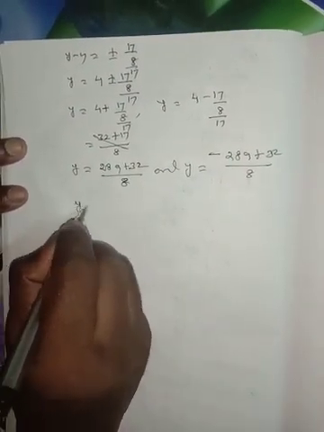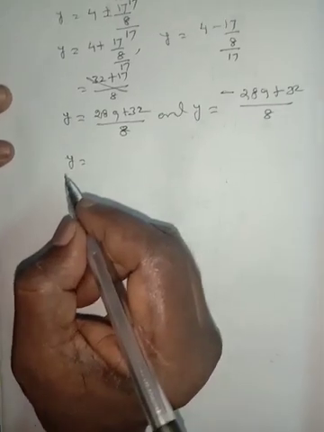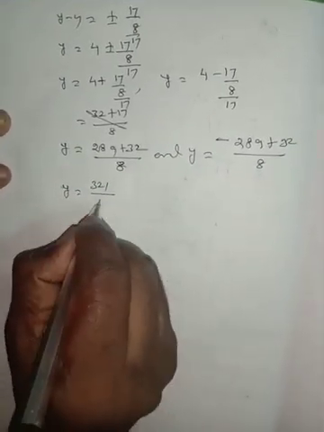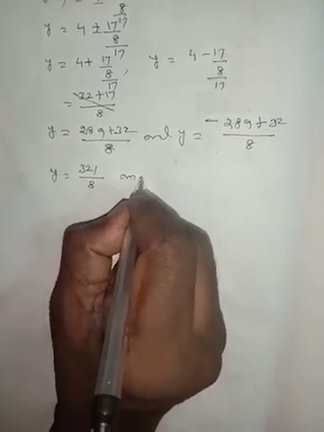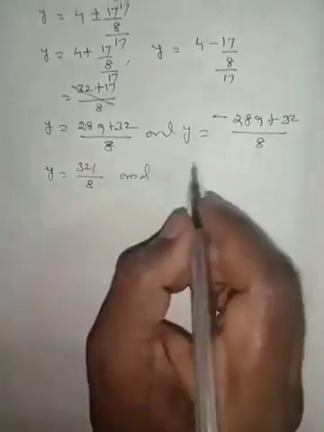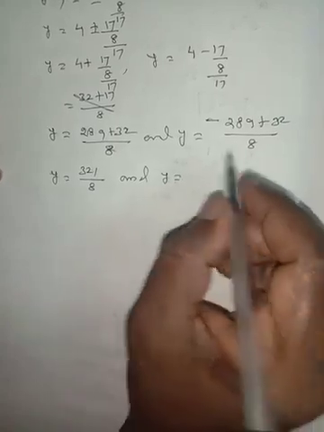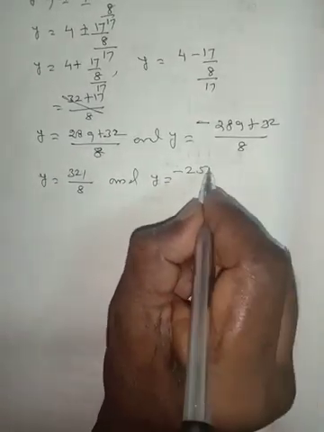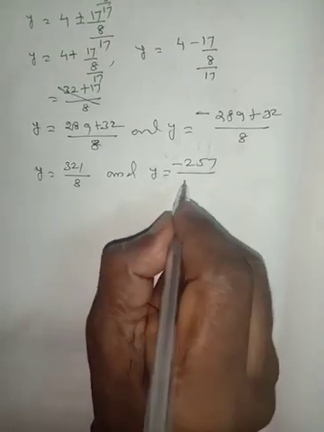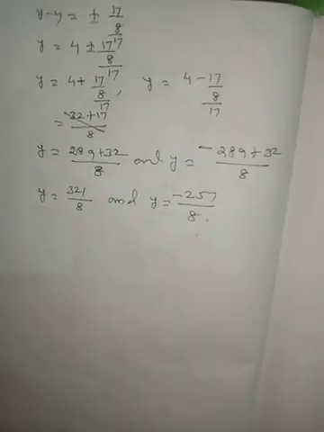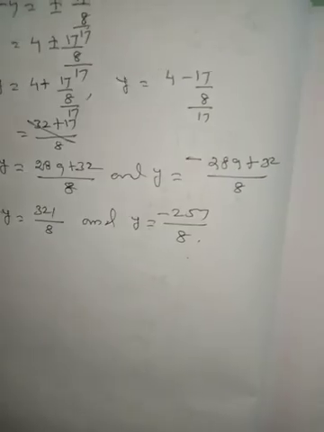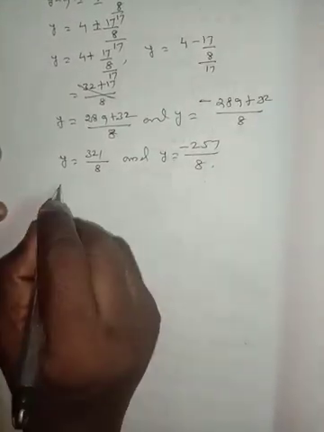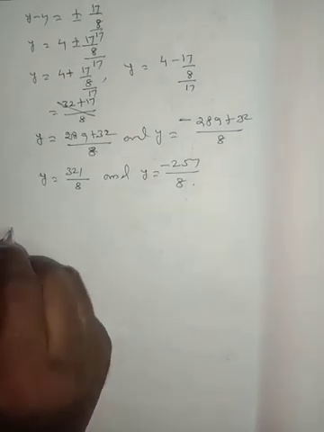So y is equal to 321 by 8, and y is equal to minus 257 divided by 8. These are the solutions.